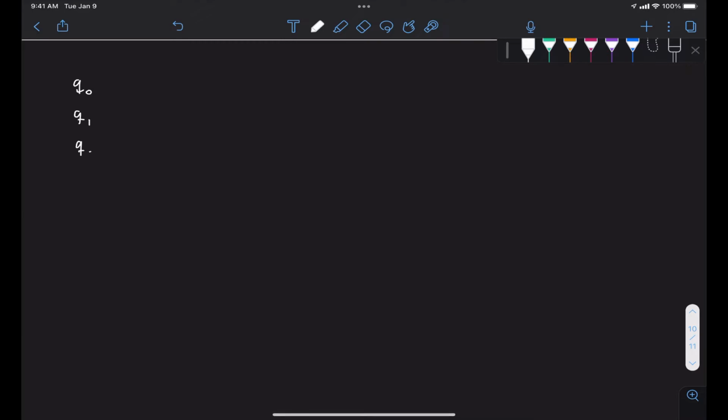So we have 3 qubits, 2 Hadamard gates, 1 on qubit 0, 1 on qubit 1, and then we have CNOT gates between qubit 0 and qubit 1, and a CNOT gate between qubit 0 and qubit 2. So we have CNOT gate here, CNOT gate here, and let's just complete the circuit here. Here we go.